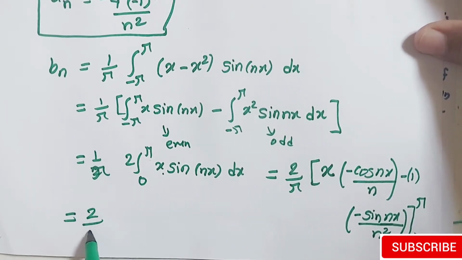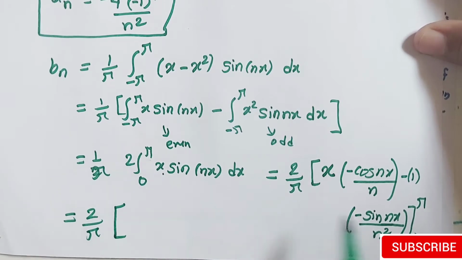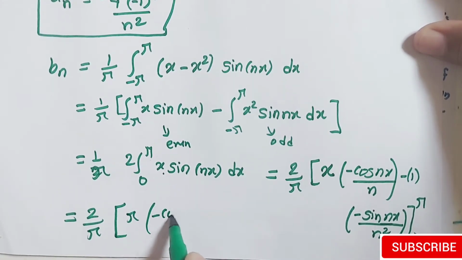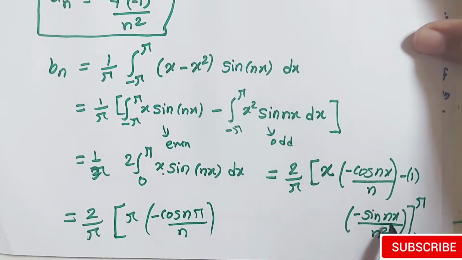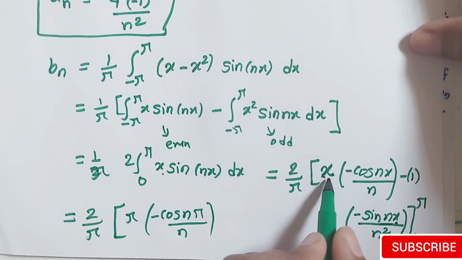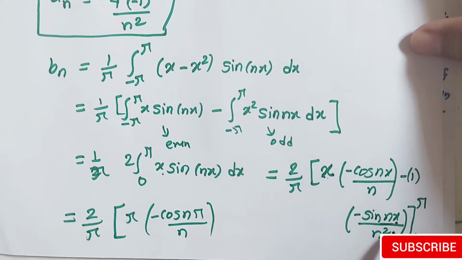So here outside 2 by pi as it is, if we put the upper limit, it is pi into minus cos n pi divided by n, and here x equals pi, then sin n pi is 0. So for the upper limit this term is 0. Minus of the lower limit, so when we put x equals 0, the product contains 0, so this term is 0. Here sin of 0 is 0. So for the lower limit both the terms are 0.